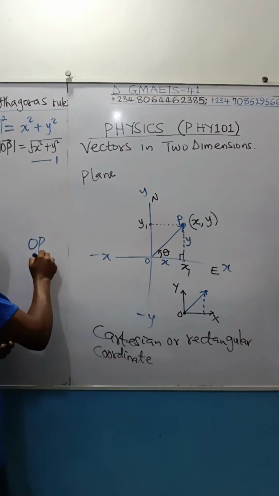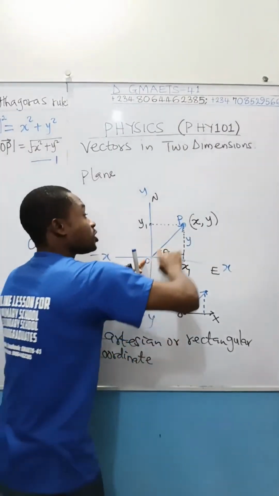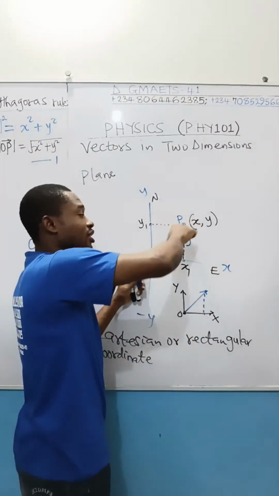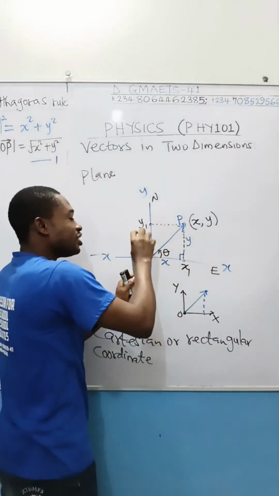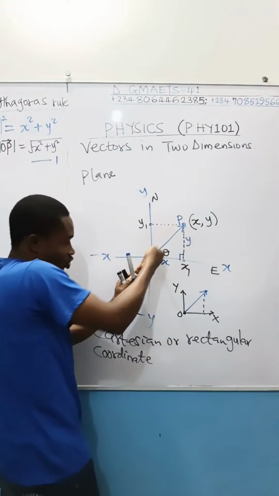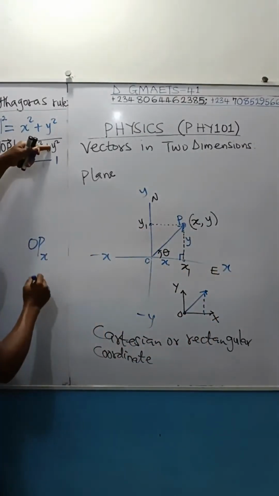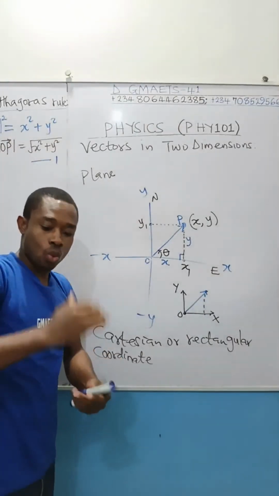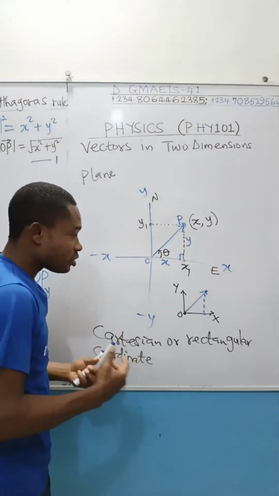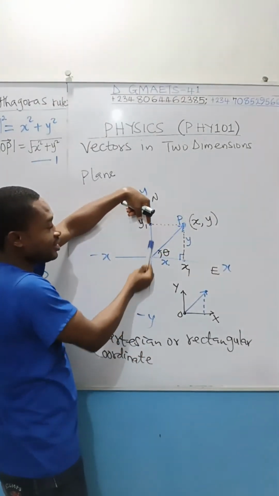This is the main OP, the diagonal, the hypotenuse. Its horizontal value is the component of this vector in the horizontal direction, OP sub X. And then I can represent this as OP subscript Y, which means the component of this vector in this direction.